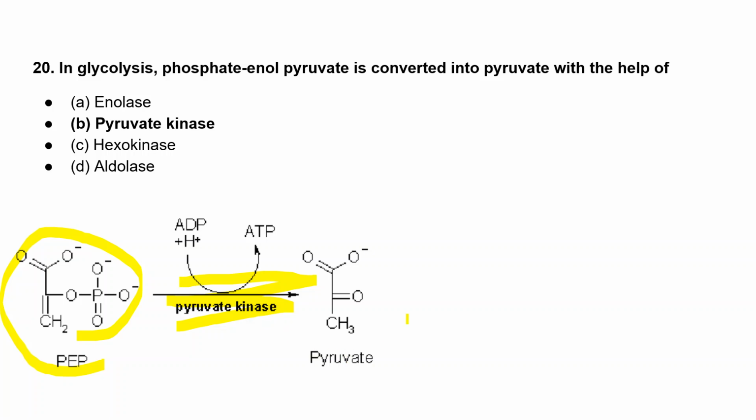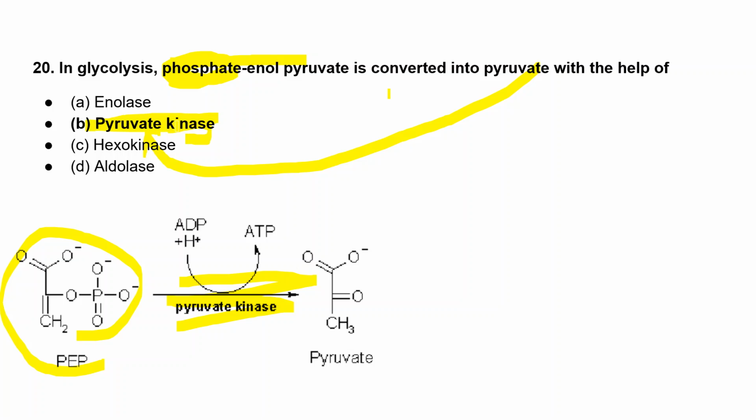Phosphoenol pyruvate is converted into pyruvate, that is, removal of the phosphate group, and removal of a phosphate group is through the kinase enzyme, right? So pyruvate and kinase, which is involved in the removal of phosphate, gives pyruvate kinase.